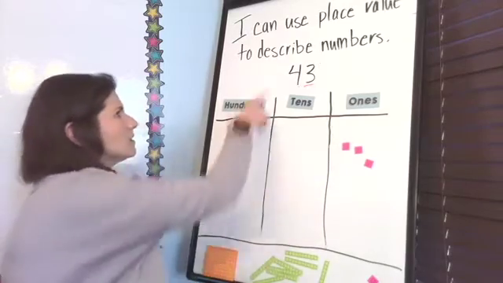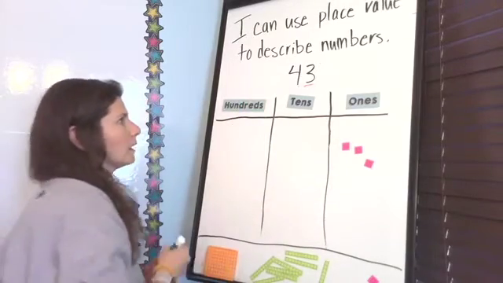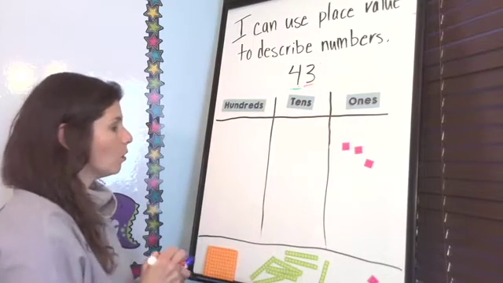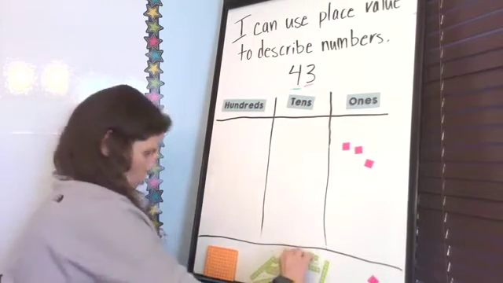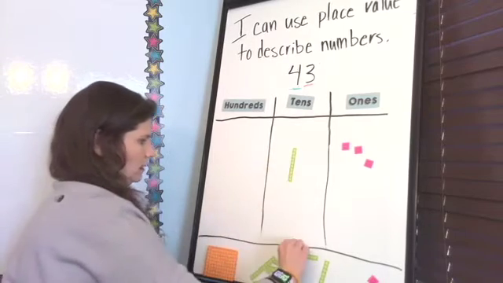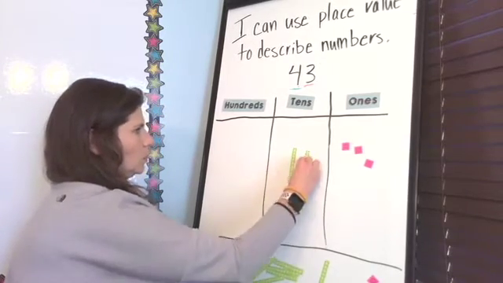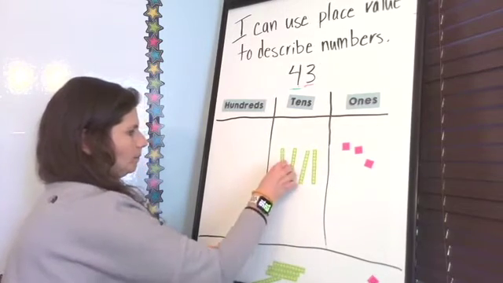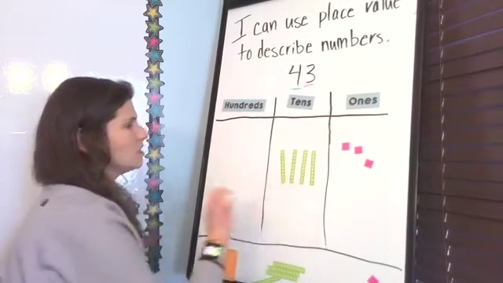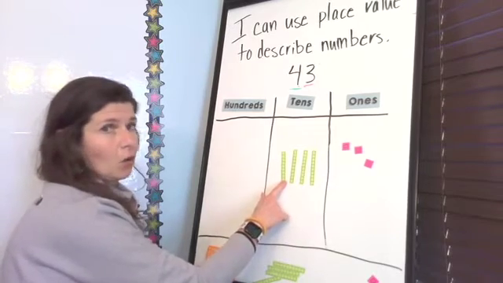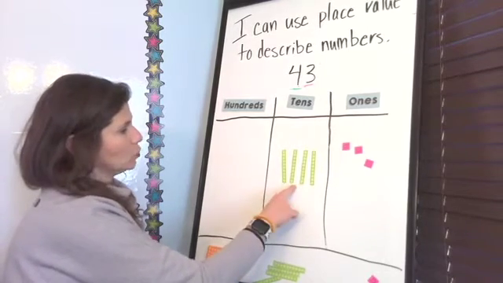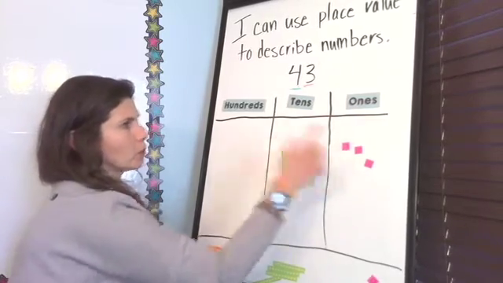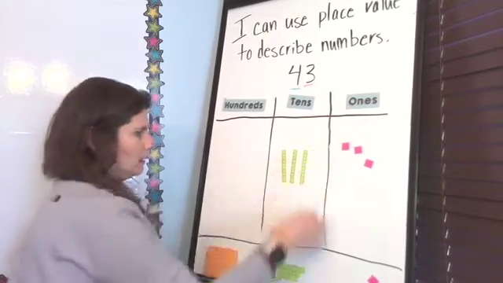And the tens, that's a 4 in the 10 spot. 43, that's a 4. So now I know that I'm going to need 1, 2, 3, 4. And since each of these is 10, I know if I count by tens, I go 10, 20, 30, 40, 40 here, 41, 42, 43, okay?